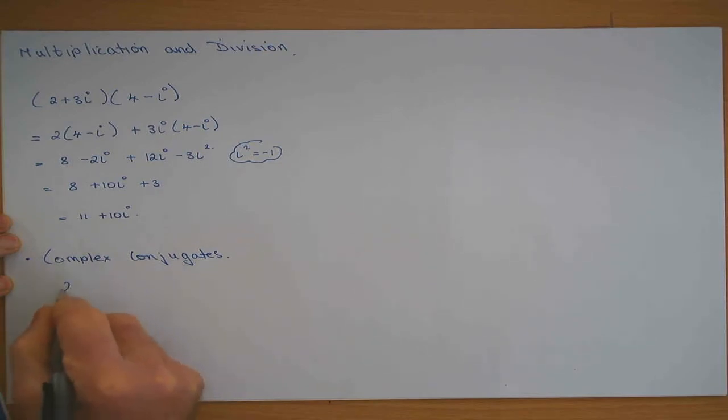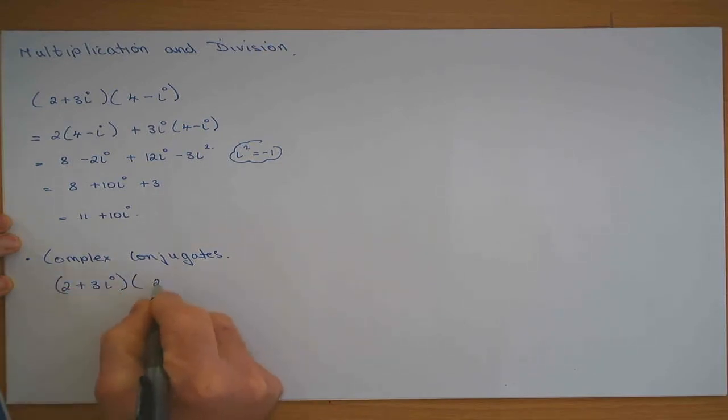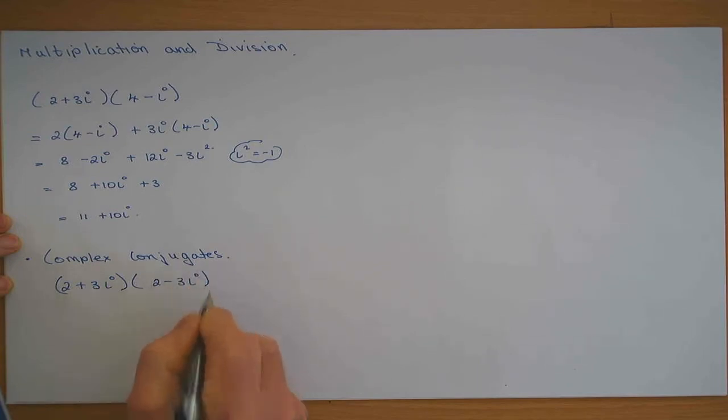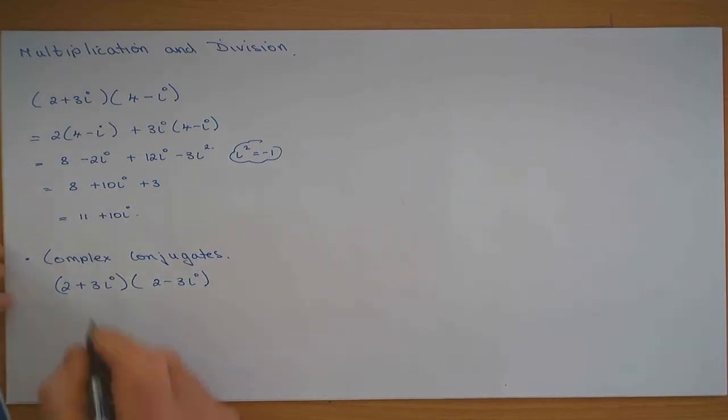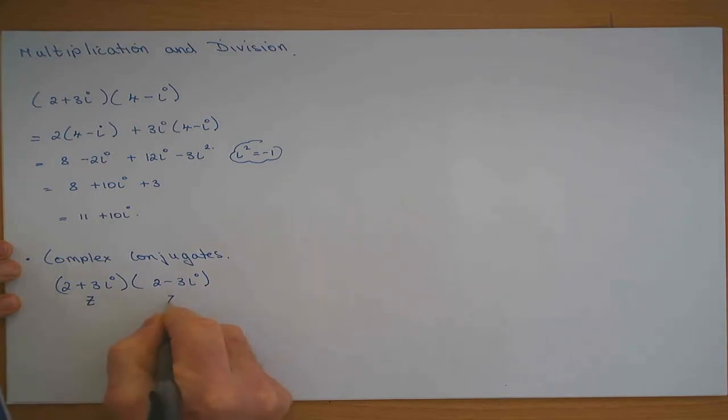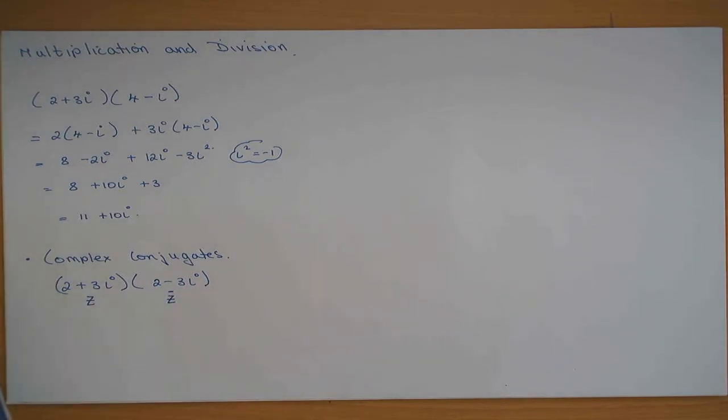Well, complex conjugates, if one is 2 plus 3 iota, its complex conjugate is 2 minus 3 iota. If that is z, then this is known as z bar. Yes? And the only difference between a complex number and its conjugate is the sign in front of the iotas.